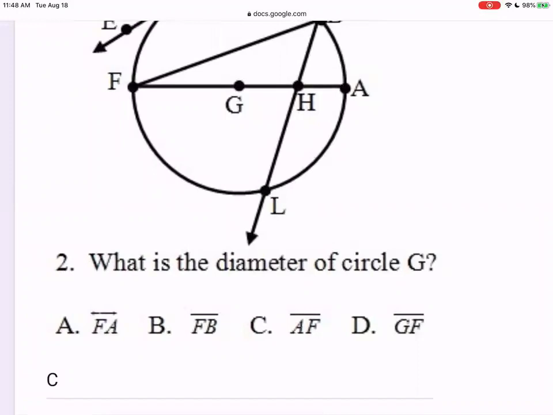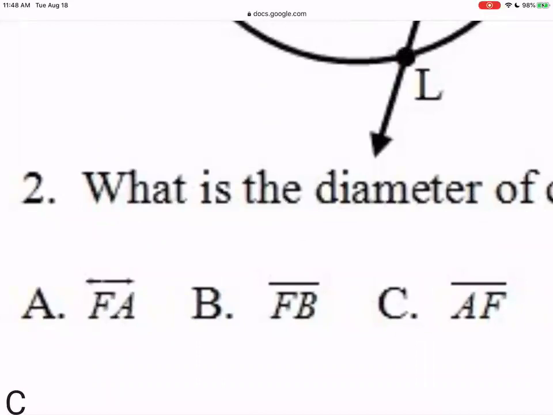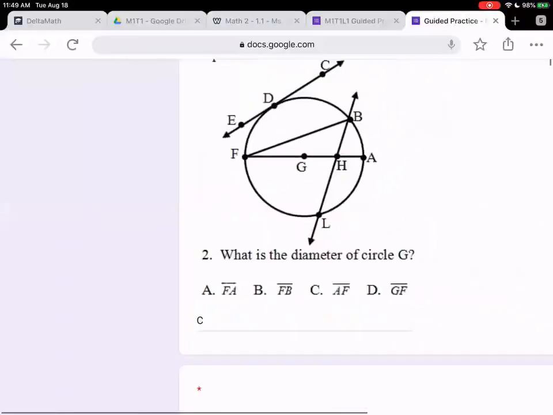That's the diameter. So that would be AF. And the reason it's not FA is because FA, if you look really carefully, there's actually blurry little arrows on the ends of the line on top. And those arrows represent that it's a line that goes on forever. But for the diameter, you want to stop at the point. You don't want to keep going on. Otherwise, it's not the diameter anymore.